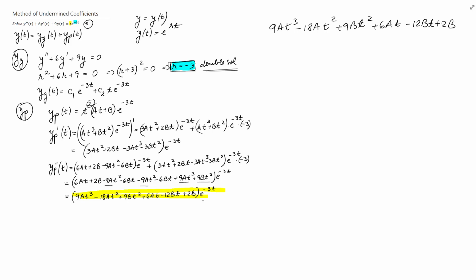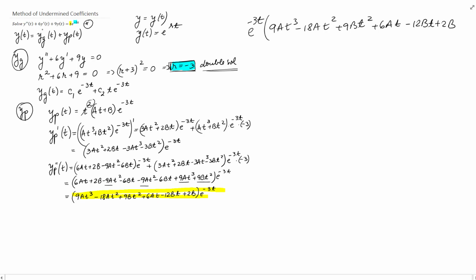I also notice that yp prime has e to negative 3t and yp has e to negative 3t, so I can put e to negative 3t at the very beginning and factor everything else inside parentheses.